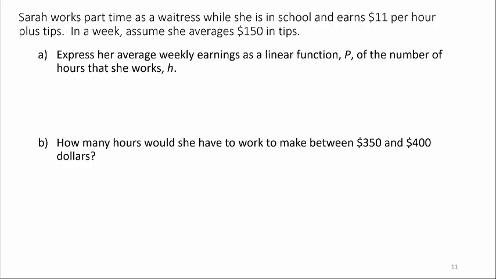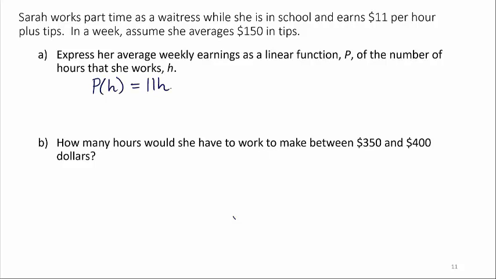Okay, so what that means, expressing a linear function named p of the number of hours she works h, we're really finding a function p of h, right? And h is the number of hours that she works, right? They defined that in the problem. So if we're trying to come up with an expression that would give her weekly earnings, and she earns $11 per hour, then we'd need to take the number of hours she works and multiply it by 11, right?